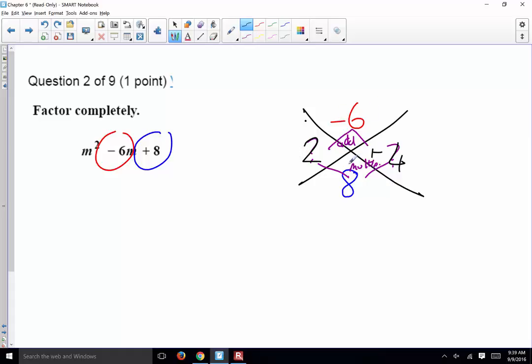No, switch it. And then I try -2 and +4. No, it's not adding to -6. Then I try -2, -4 eventually, and I get -6 addition and +8 multiplication. Voila, we got it.